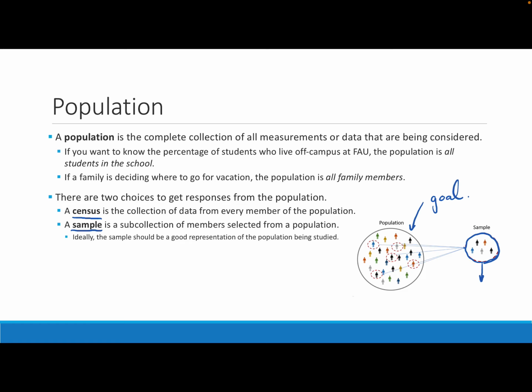The only difference is their sizes. The population is bigger, the sample is smaller. But if they share some common properties, then whatever you learn in the sample could be used to describe the population. So you can go this way. And that's what we call statistics.